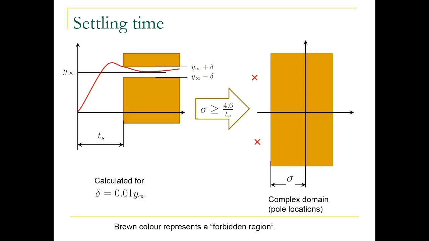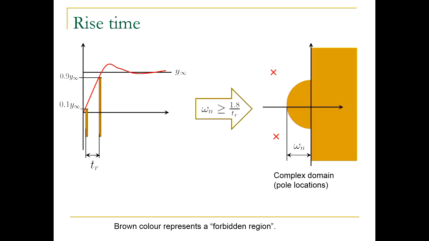So, well, you can ask yourself, where did this 4.6 come from? Well, it comes from first finding what the response is in time domain, using this definition, this is the delta that we are using, and then calculating really, well, how settling time is related to the real parts of the eigenvalues of that transfer function. And you can do that, right?